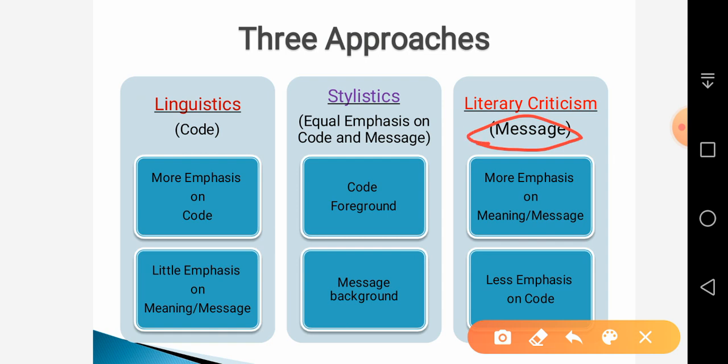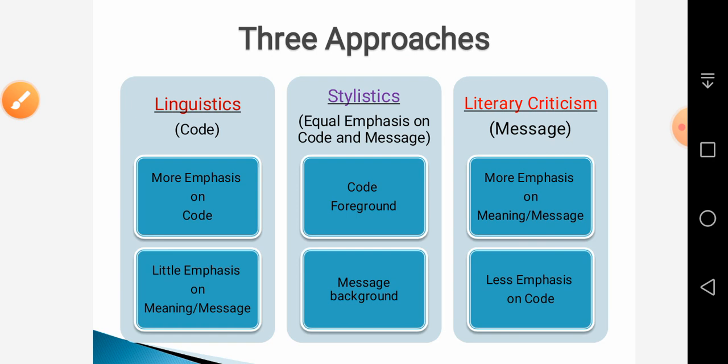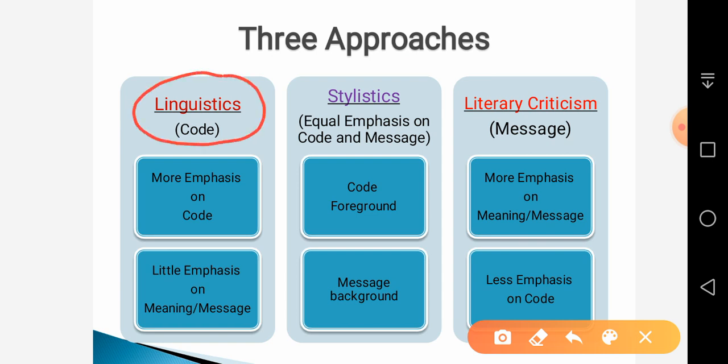It almost neglects the other area known as code or language, figurative language, literary devices, parallelism, deviations. All these are not given much prominence by literary critics. And when we talk about linguists, they deal with linguistic data.